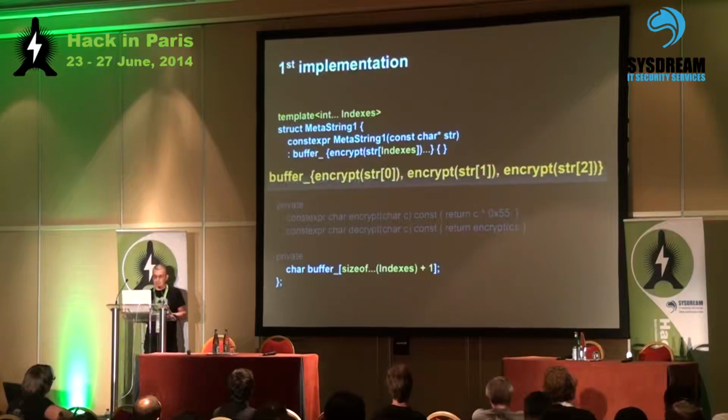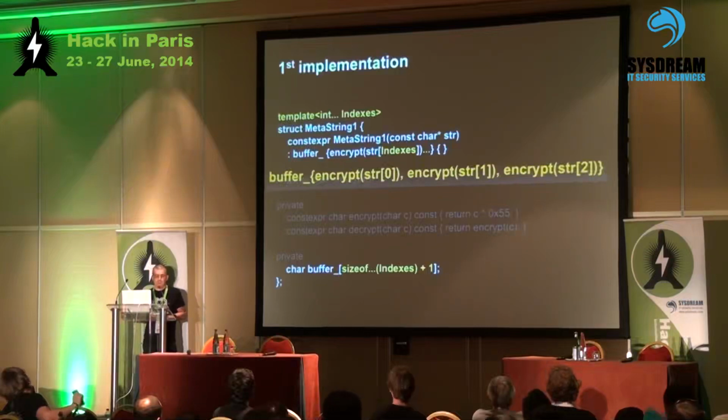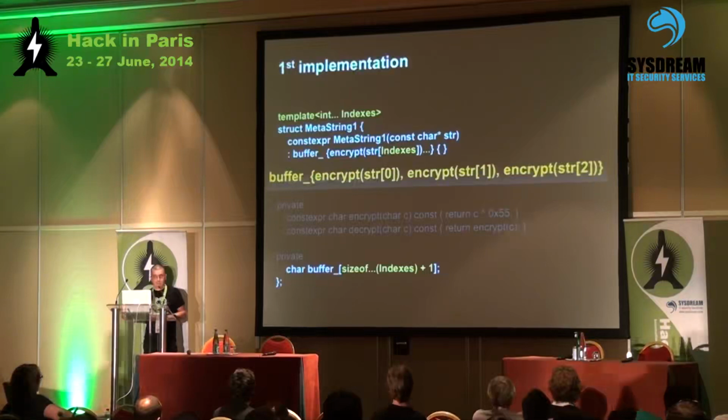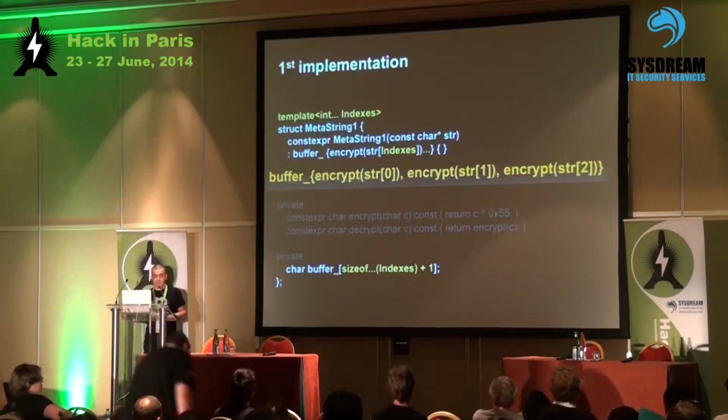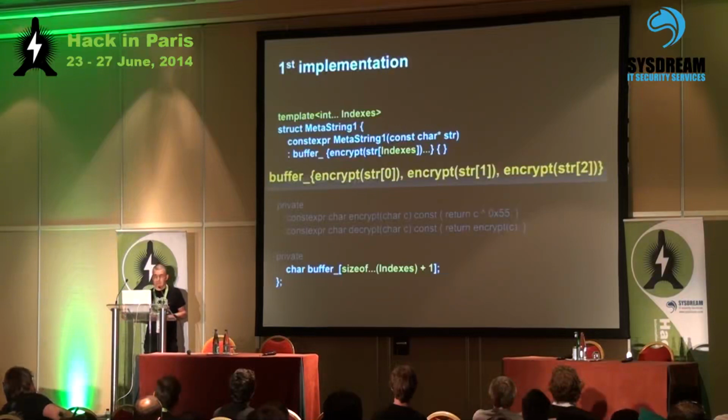So I will call my templates with a list of indexes 0, 1, 2, 3, etc. And the compiler will just iterate this list of indexes and will replace the 3 dots by this code. I have also another operator, which is sizeof with 3 dots, and it will give me the size of my list of indexes, and I put +1 because I want to put a null byte at the end.